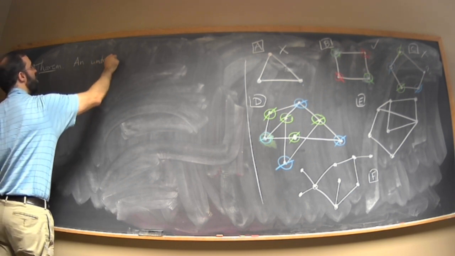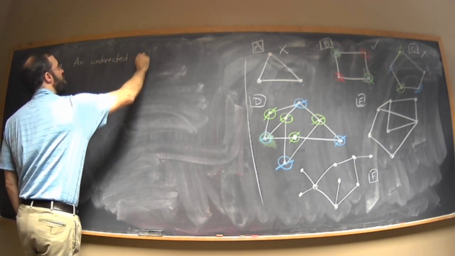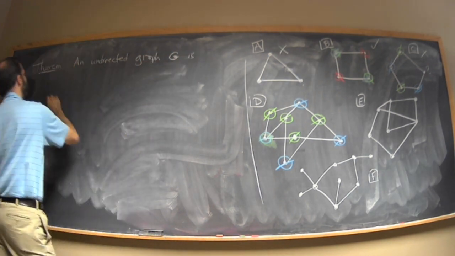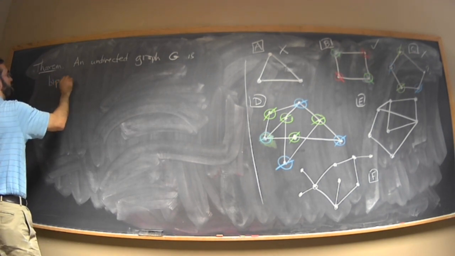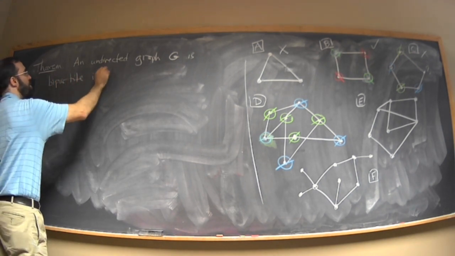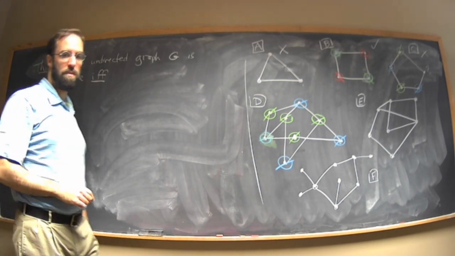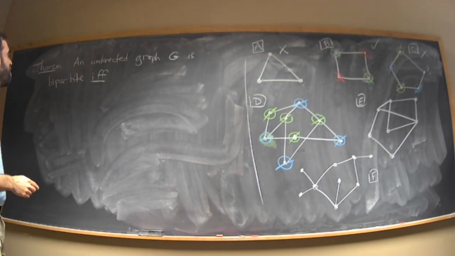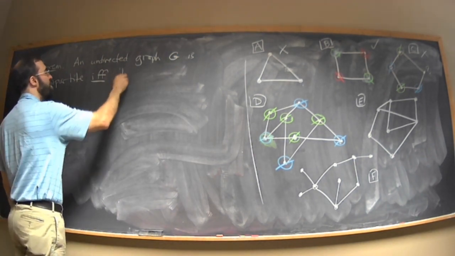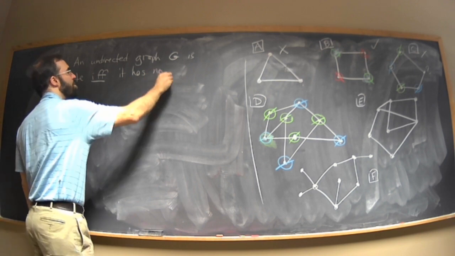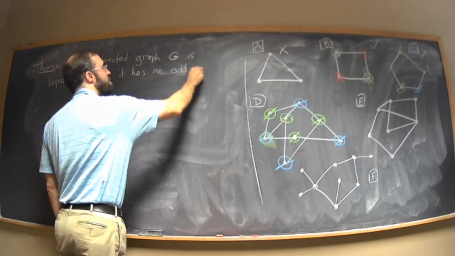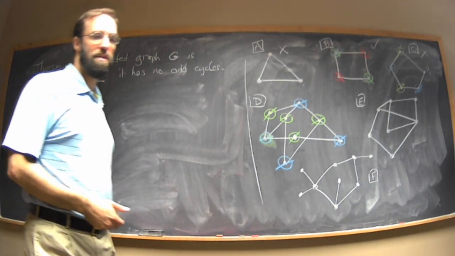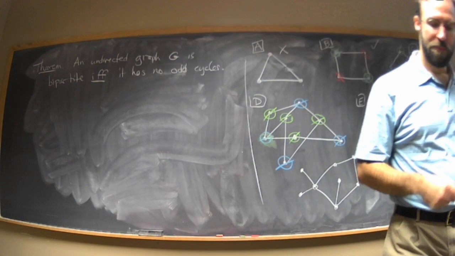An undirected graph G is bipartite if and only if, have y'all seen this before, the abbreviation IFF to mean if and only if? Probably you have, but if and only if it has no odd cycles. By odd cycle I just mean a cycle having an odd length, like an odd number of edges.